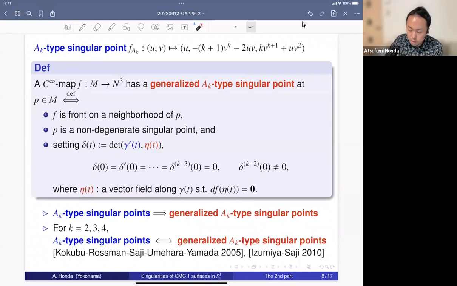AK-type singular points satisfy this condition.